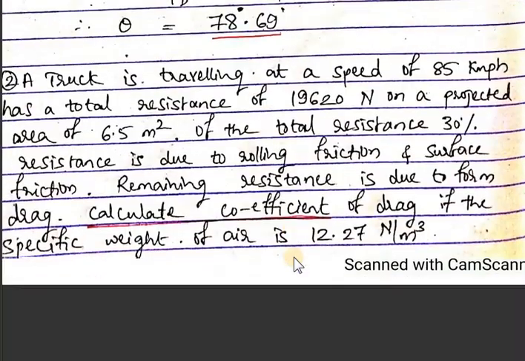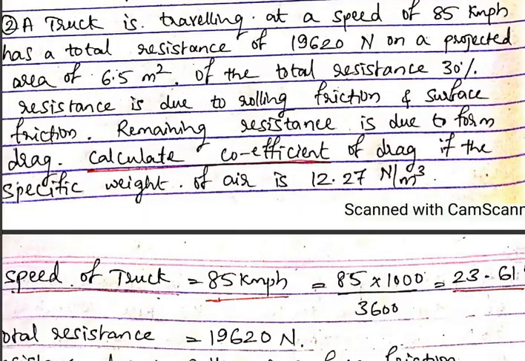Next, we'll take an example with an application. A truck is traveling at a speed of 85 km per hour. Just assume one truck is moving with a velocity. Air is assumed to be stagnant. It has a total resistance of 19,620 newtons on a projected area of 6.5 square meters.